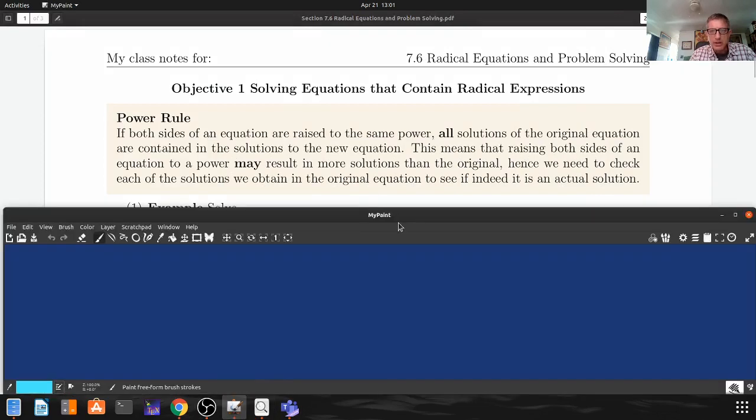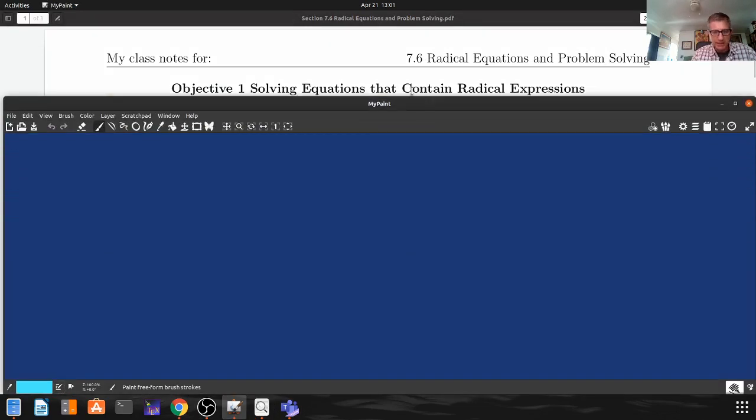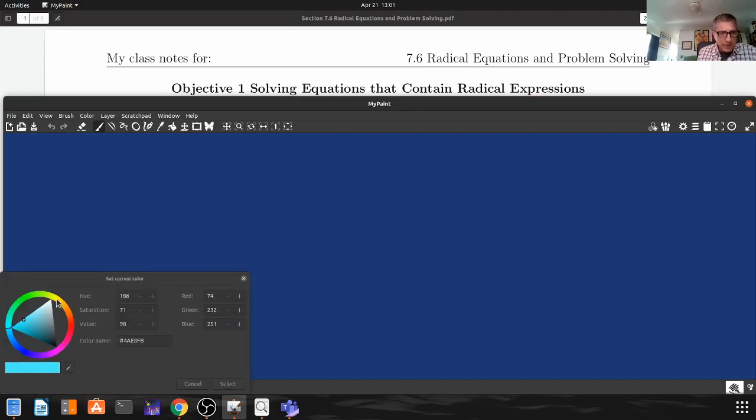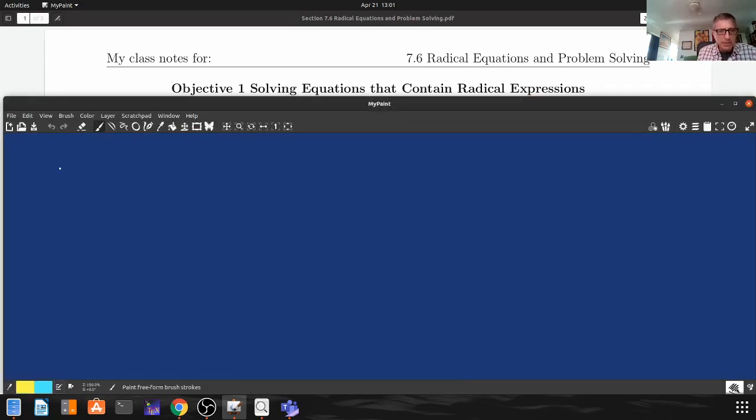And let's remind ourselves of 3 things about any equation. So any given equation, there's 3 exclusive possibilities. I'll just break it down to 2. 1 or more solutions exist, or no solutions.